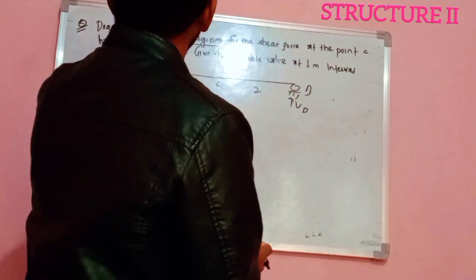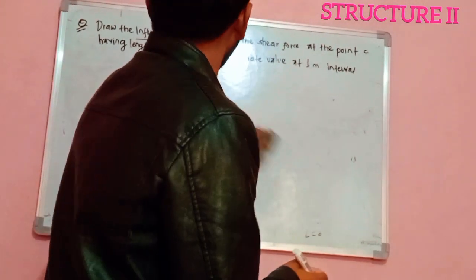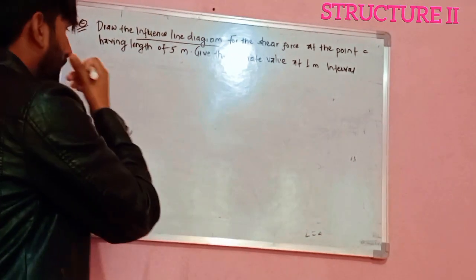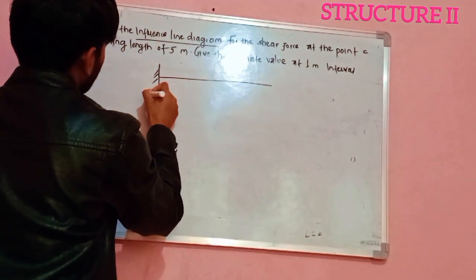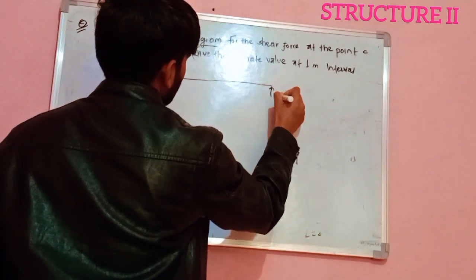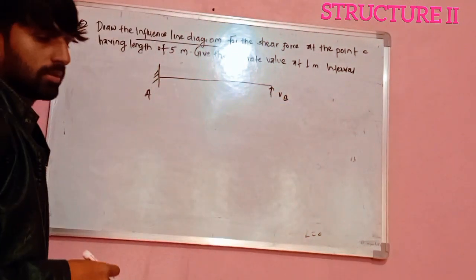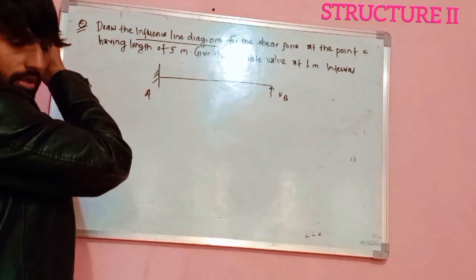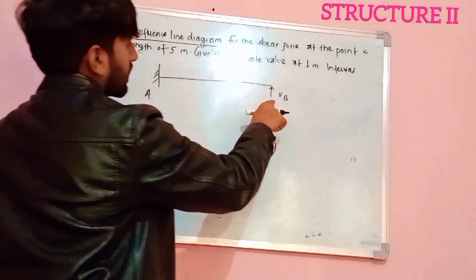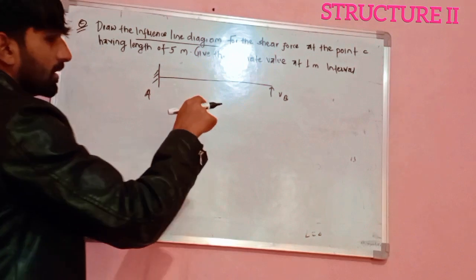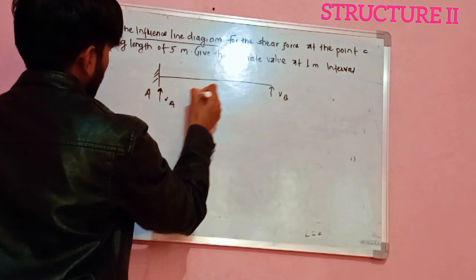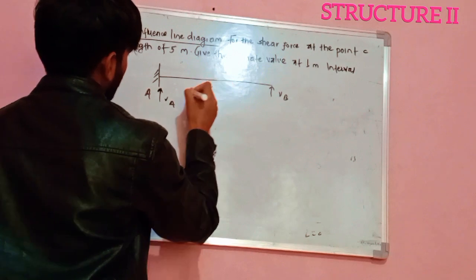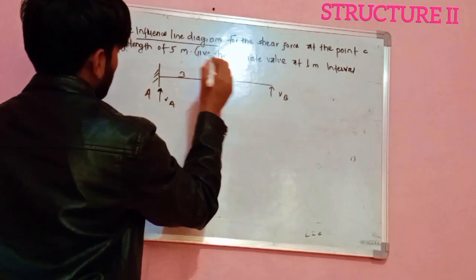I'll rub this. So we'll remove one support, and we'll place VB over there, the reaction at B. This is the reaction at A, and somewhere here is the point C, this is 3 meter and this is 2 meter.